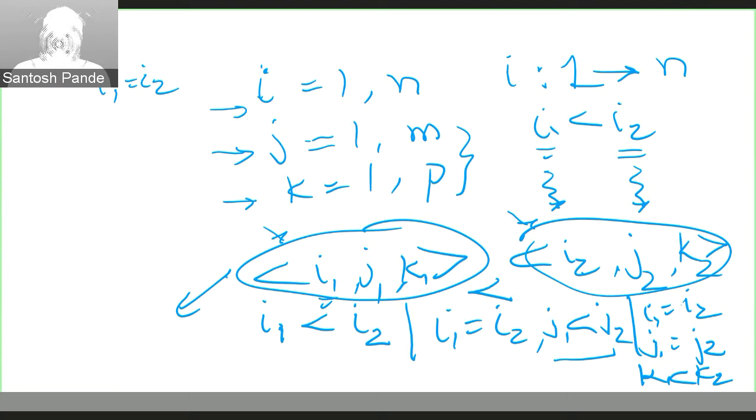So for that matter, let's quickly look at the dependence aspect of this. What I have mentioned here is purely about the iteration spaces, but there is obviously a dependence aspect of this. So if it is clear why this is the order, then we can look at the dependence aspect of it.